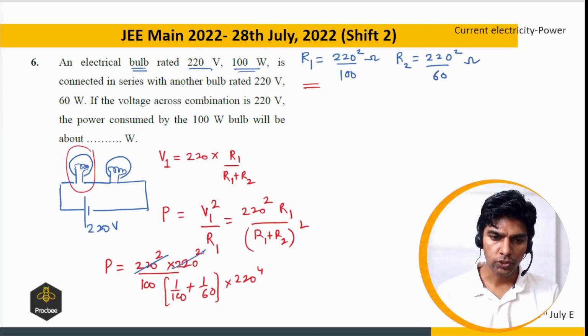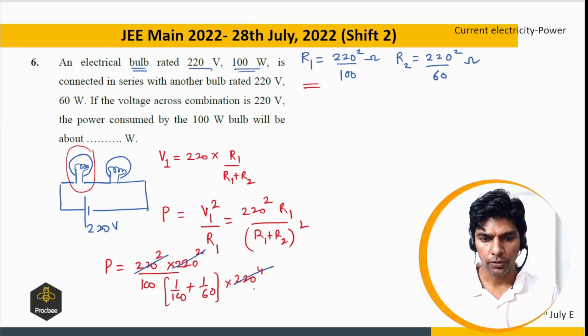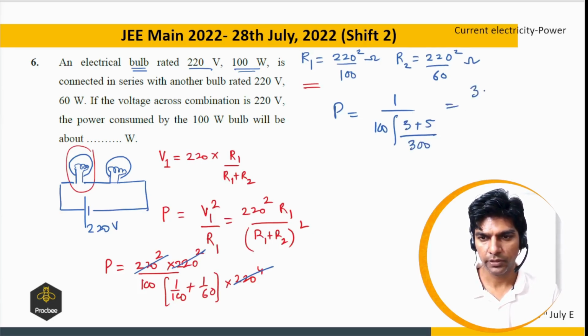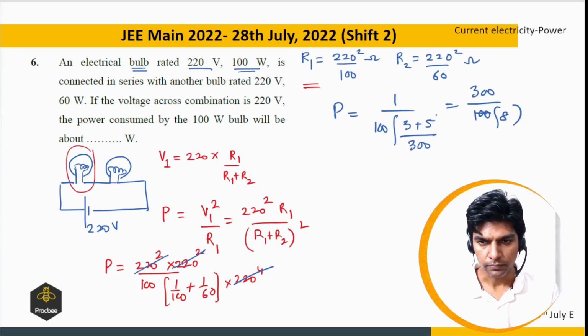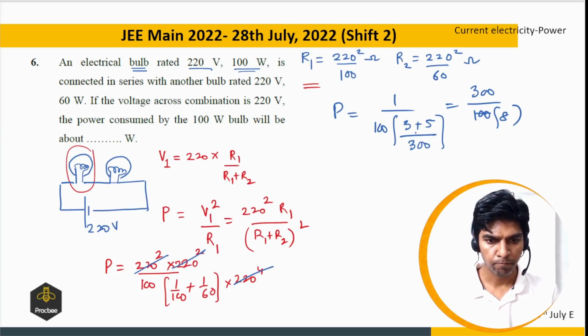Now this 220 raised to power 4 will get cancelled out, so we got power as 1 upon 100 times LCM will be 300, so 3 plus 5, so it comes out to be 300 upon 100 times 8. It is square of that, right? So 300 square, and then we have 8 square. This is 100.